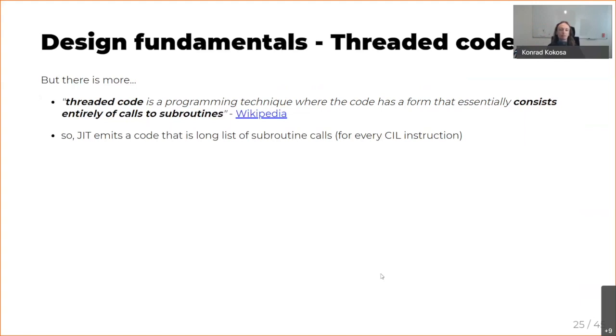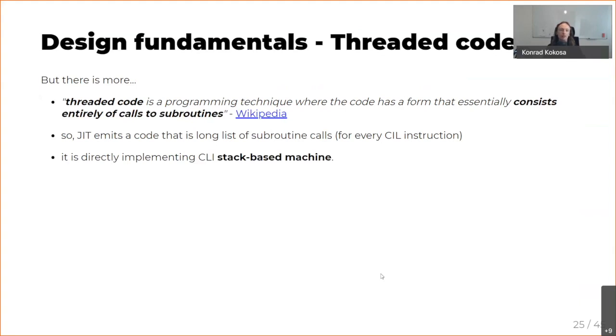And the JIT in this mode will just emit a long list of calls for every CIL instruction. What's even nicer here, it may directly implement the CLI stack-based machine, because if you look at how the CIL code looks underneath, it is operating on the so-called evaluation stack.